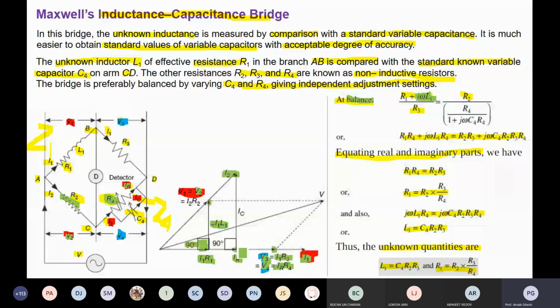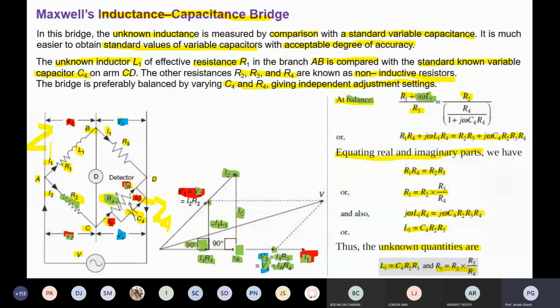Then it is capacitive in nature. So I2 equals IR plus IC. What will be the direction of current? Charging current is always leading with respect to potential.